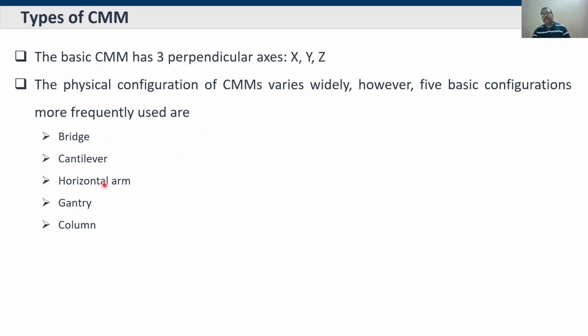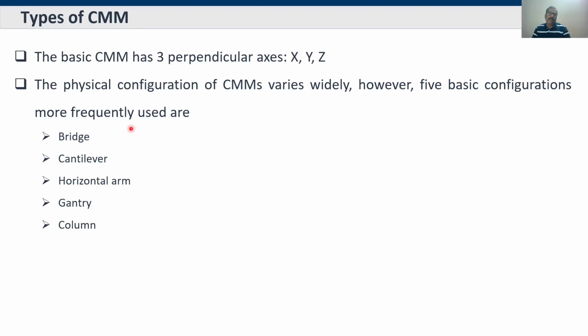So basically, these 4 are very important. Along with that, portable CMMs and optical CMMs also exist. Configuration wise, bridge, cantilever, horizontal arm, and gantry are the main ones. If you know the horizontal arm, the column type is almost similar.